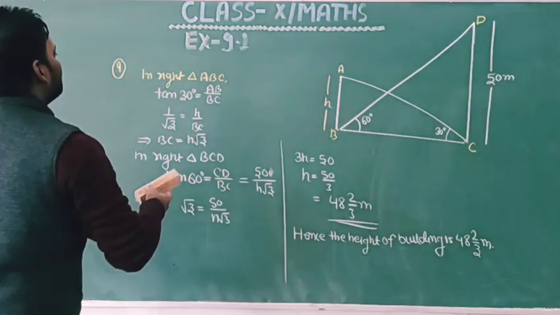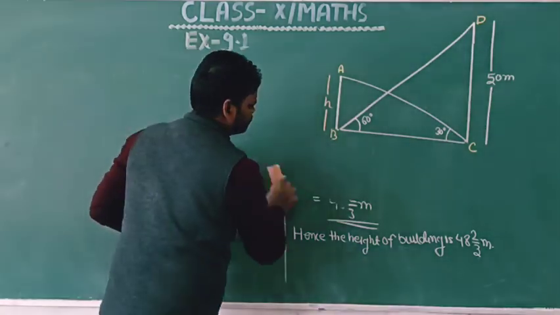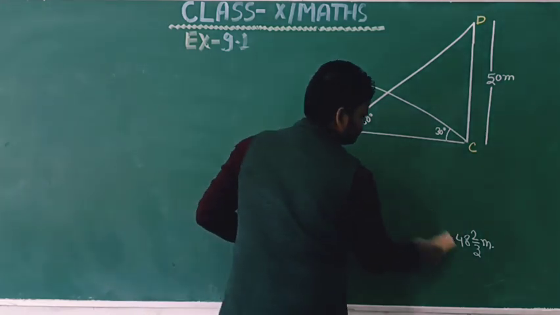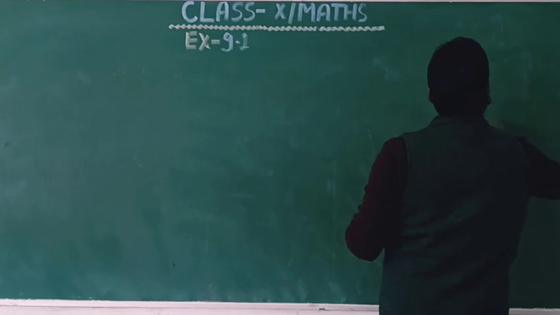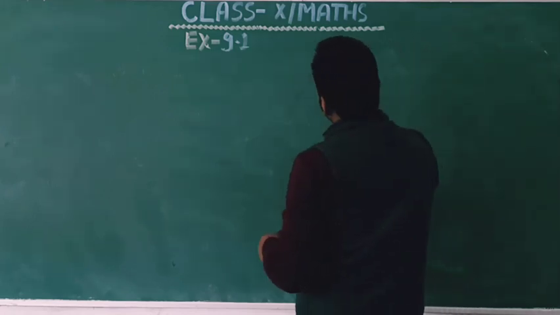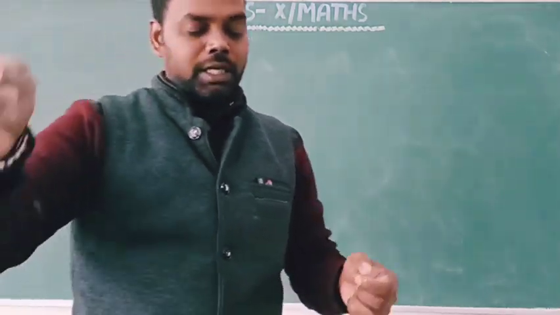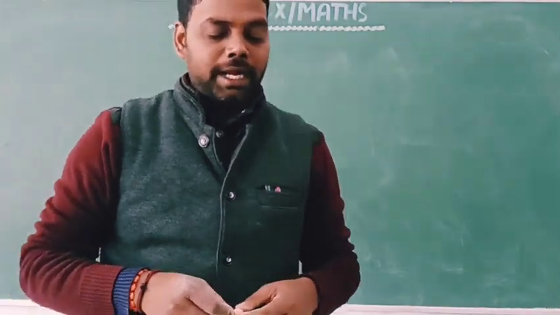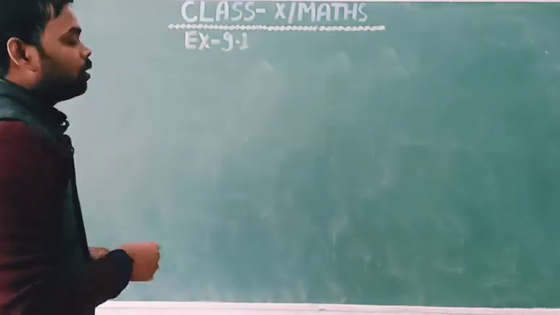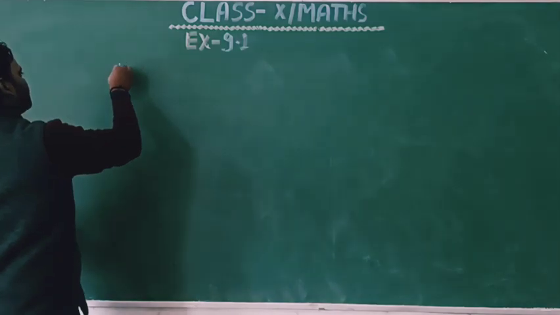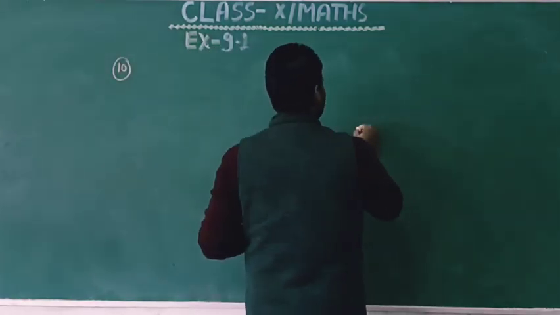Okay children, now move to question number 10. In question number 10, it has been said that two poles of equal height are standing opposite to each other on either side of the road.